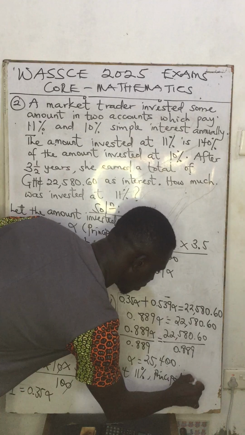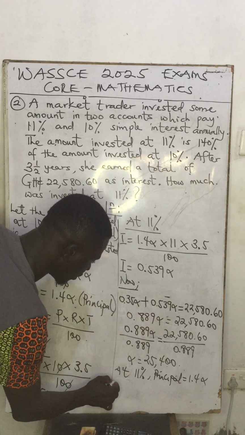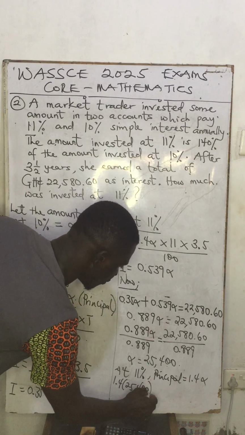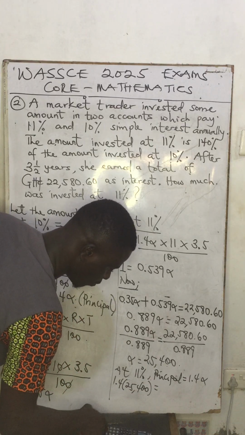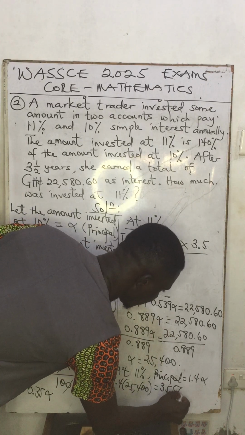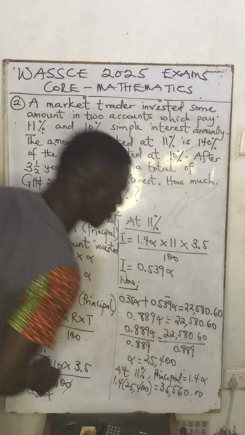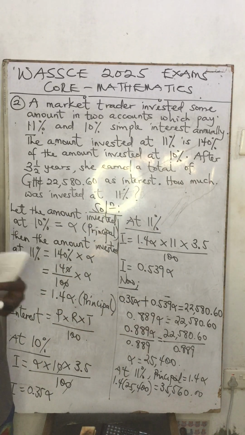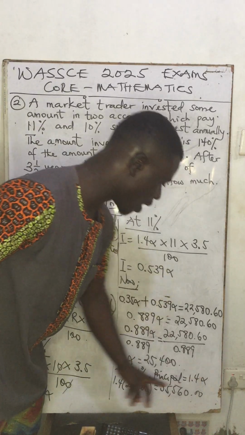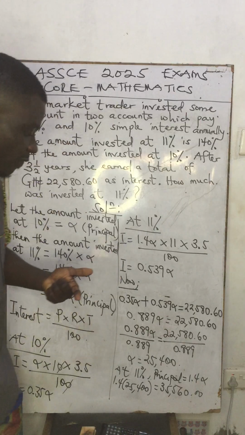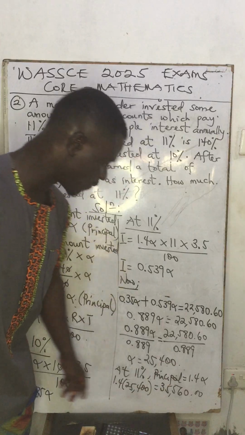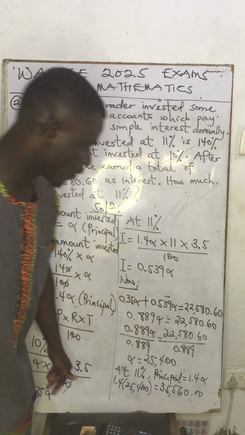This is 1.4 times 25,400, and this will be equal to 35,560 Ghana cedis. So at 11%, the principal is 1.4 alpha, and the principal is the amount invested, like I said.